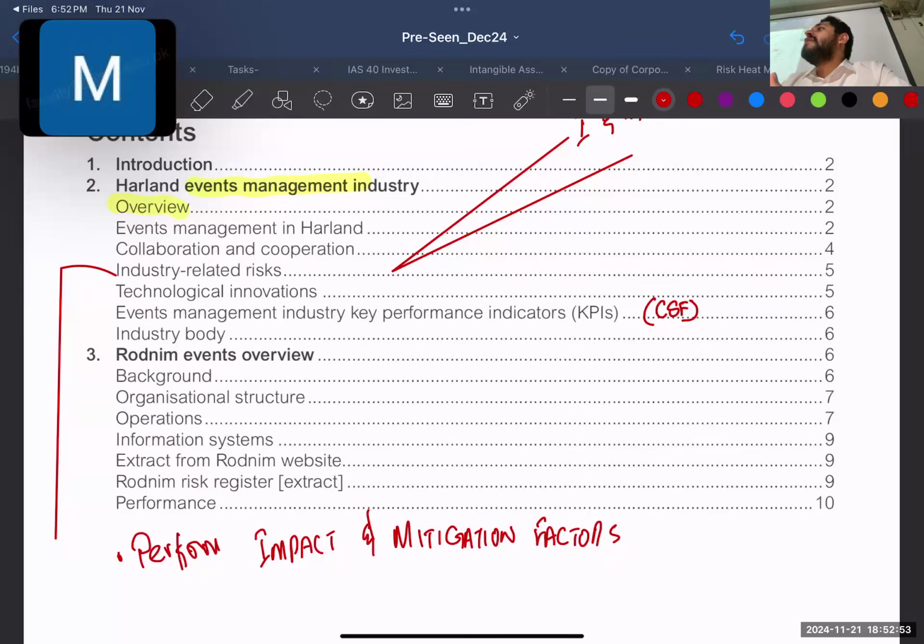So if the critical success factor says that customer satisfaction is the primary source, the secondary source might be marketing. So we are going to look into what critical success factors or KPIs are already being given.